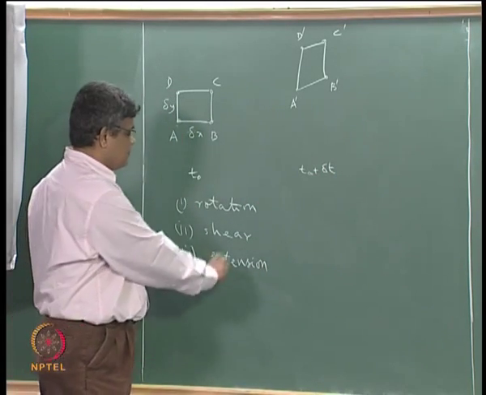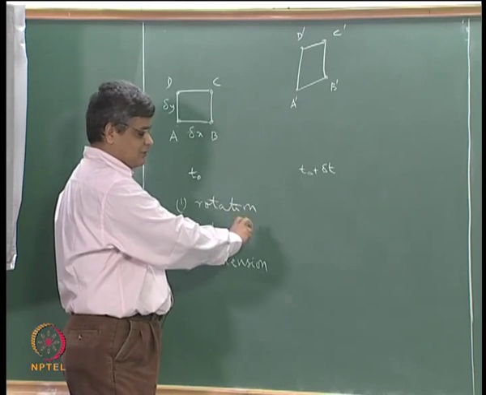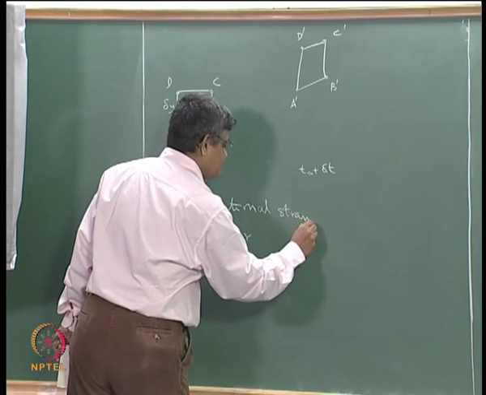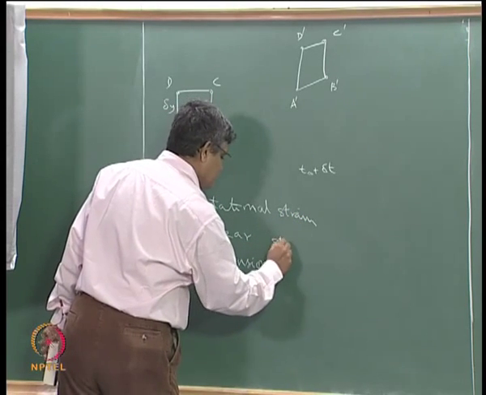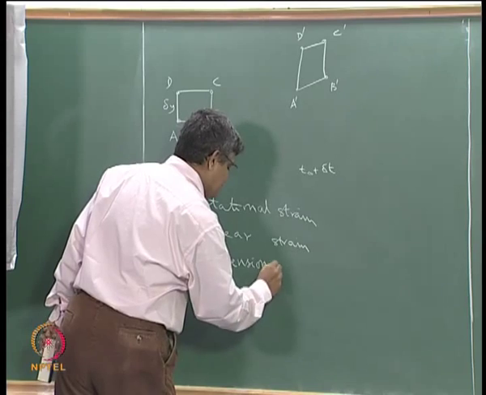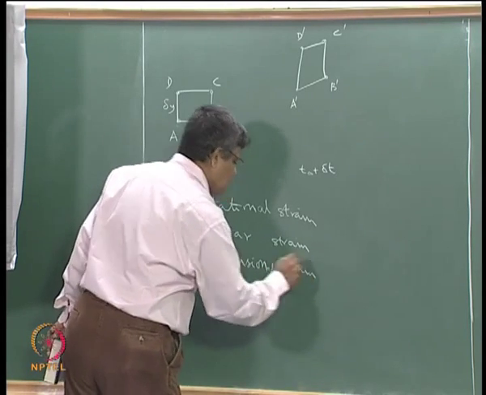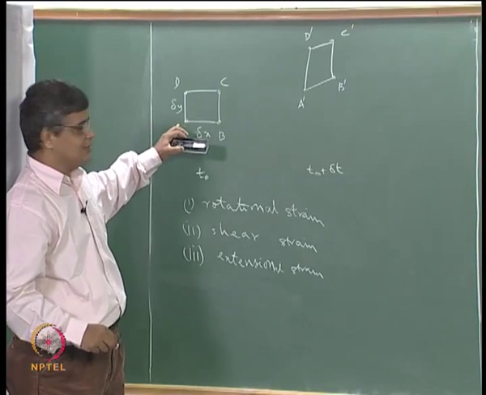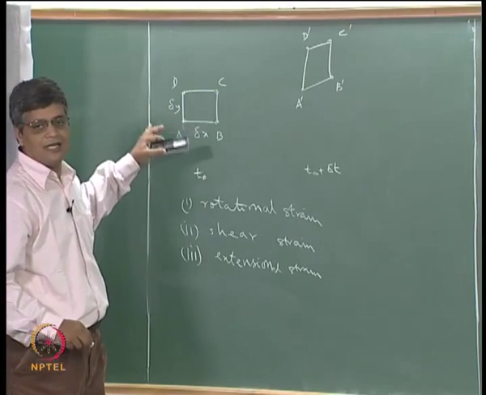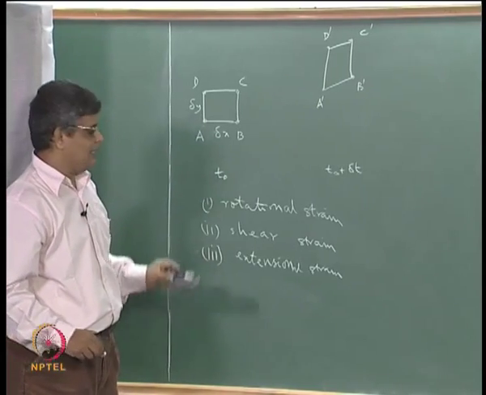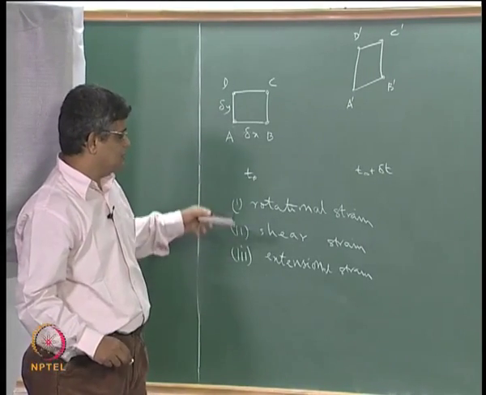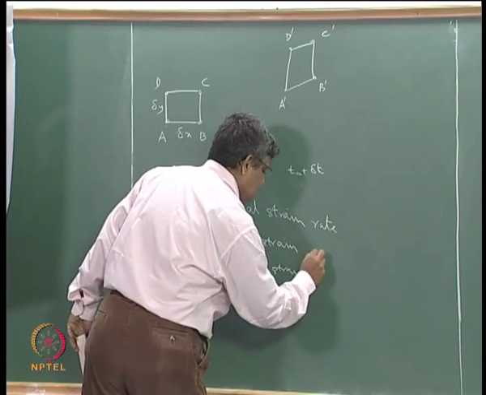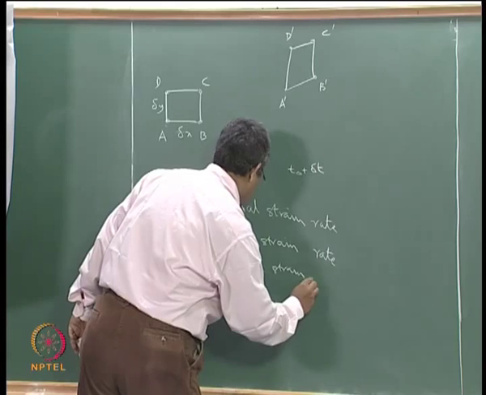So we would like to quantify these rotations in terms of the strains. We will identify rotational strain, shear strain and extensional strain, and we will see that these strains are related to the velocities that particles A, B, C, D have at t0, and the gradients of these velocities are actually related to the rotational strain rate, shear strain rate and extensional strain rate.